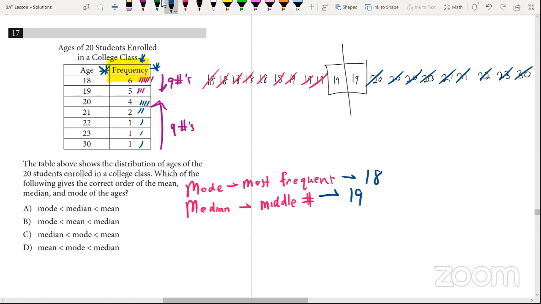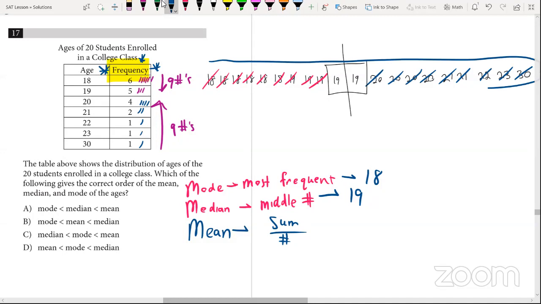So now we're talking about the mean of this. And the mean, the average, the real average, is the sum over the number of values. So basically, we're talking about adding up all these numbers and dividing by 20, because we knew from the beginning there were 20.